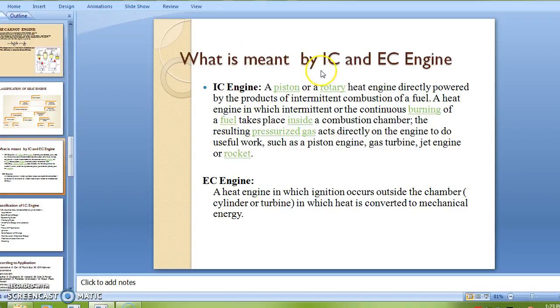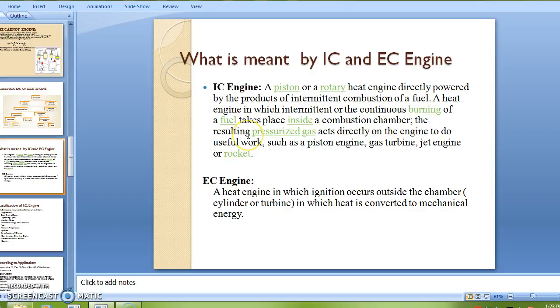What is meant by IC engine and EC engine? IC engine: a piston or a rotary heat engine directly powered by the product of intermittent combustion of a fuel. A heat engine in which intermittent or continuous burning of a fuel takes place inside a combustion chamber.